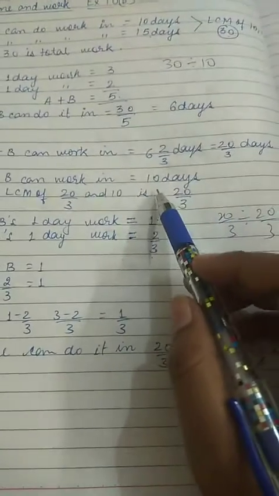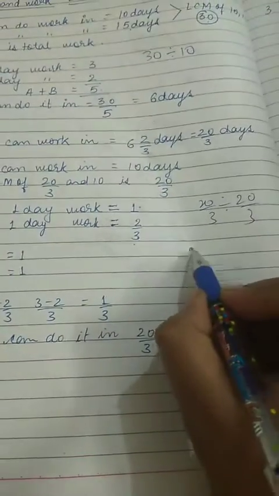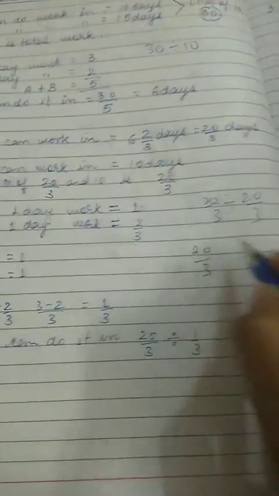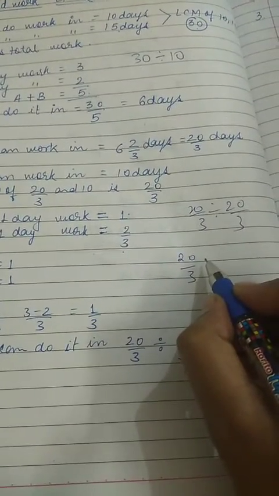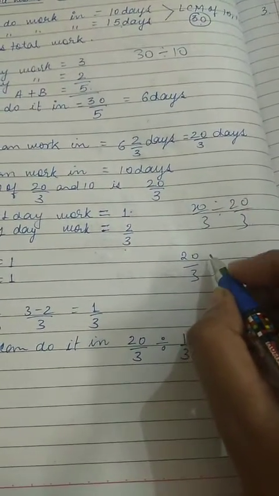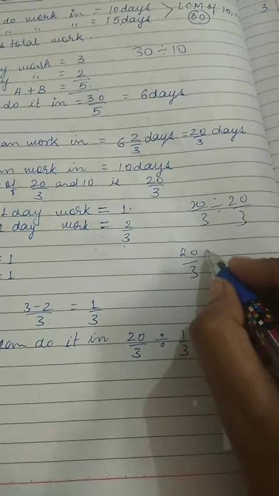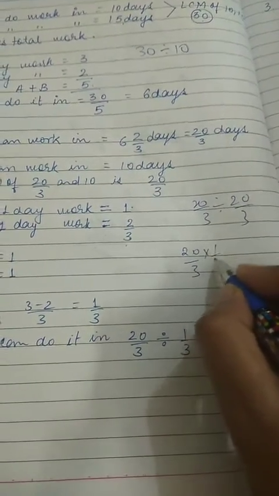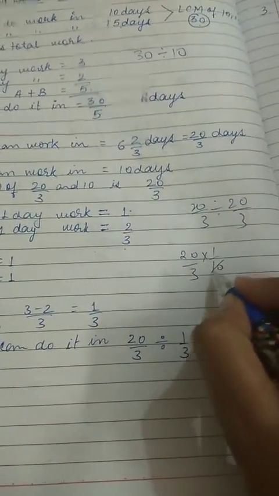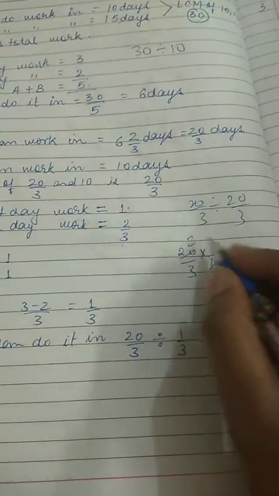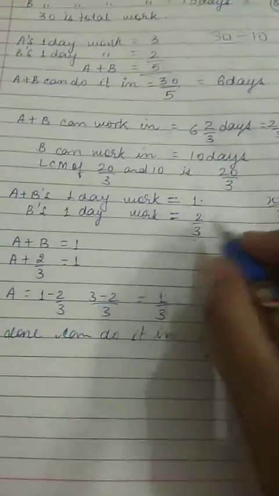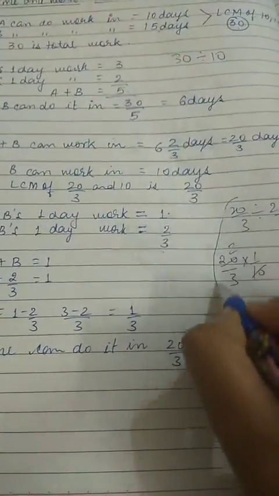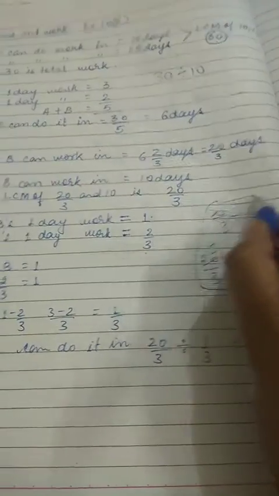We have just divided 20 by 3 by 10, so it will be multiplied by 1 by 10, and then 10 ones are 10, 2 is 2 by 3. This is 2 by 3.